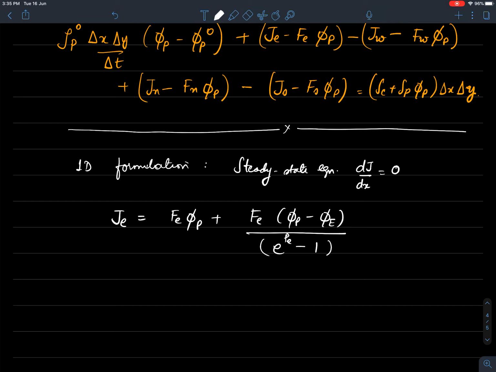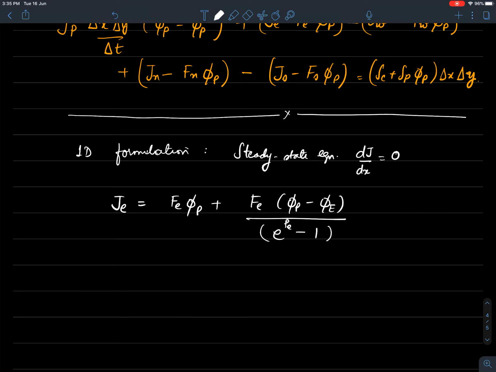Okay, and using this expression, if you look back again, you could see that we could write the coefficient Ae, using the exact scheme, the exponential scheme, as e to the power Pe minus 1.